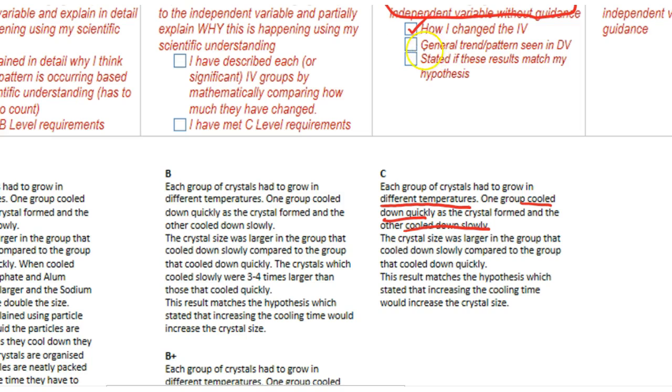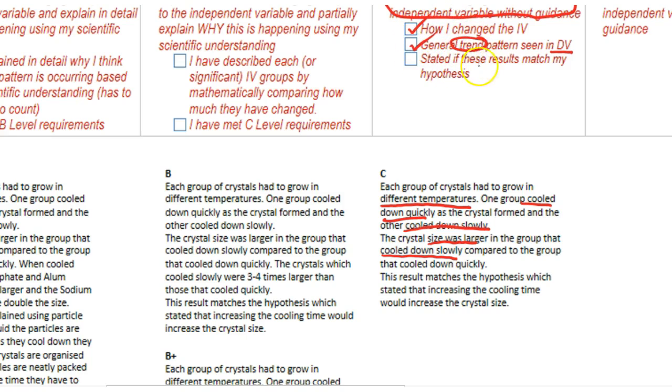The next thing is, can you tell me the general trend or pattern, in this case trend, that we saw in what we measured, our dependent variable? We noticed that crystal size was larger in the group that cooled down slowly compared to the one that cooled down quickly. I have just told them the trend. It was larger in the slower one compared to the fast one.